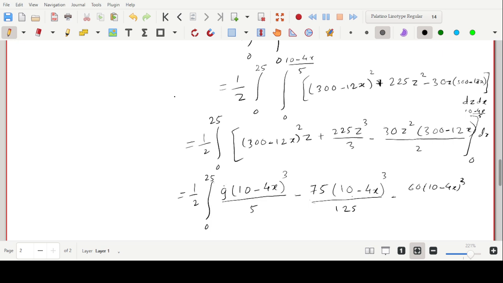And the square of this 5 in the denominator becomes 25.